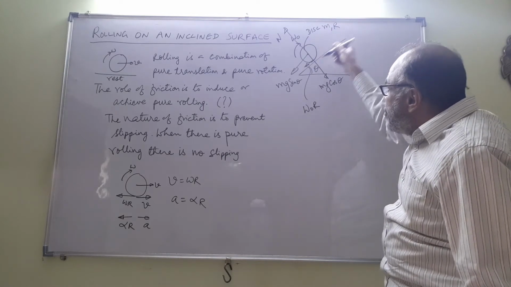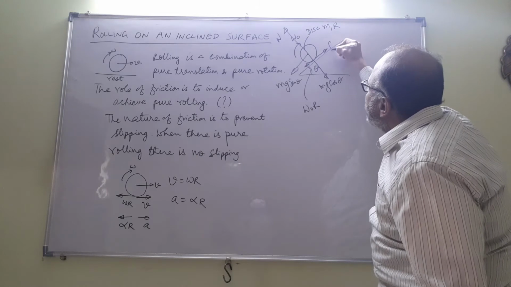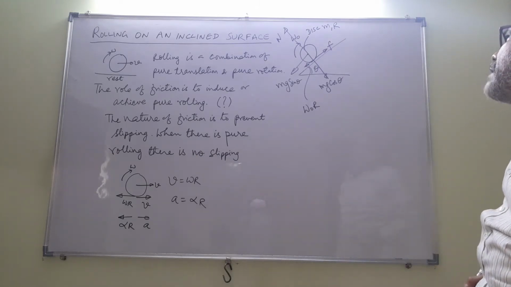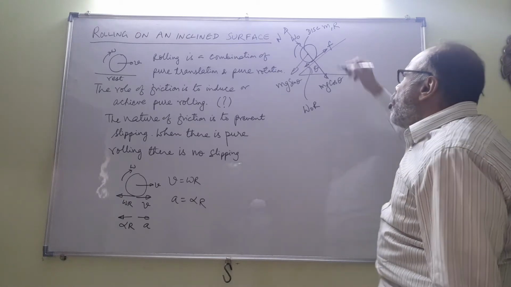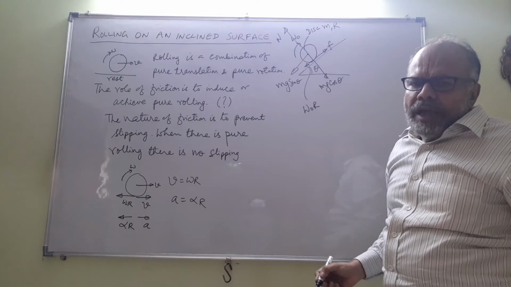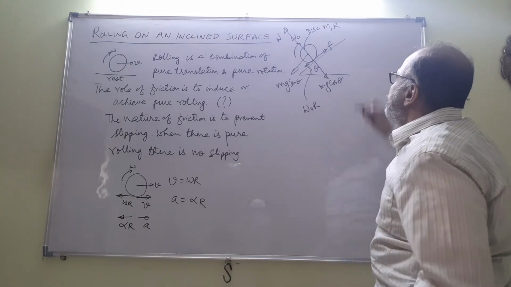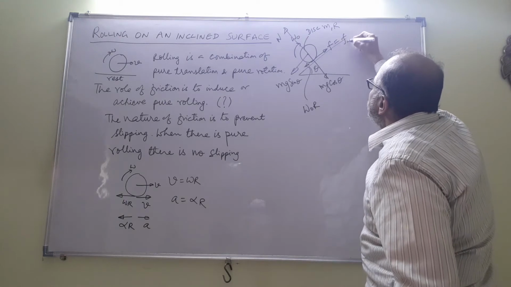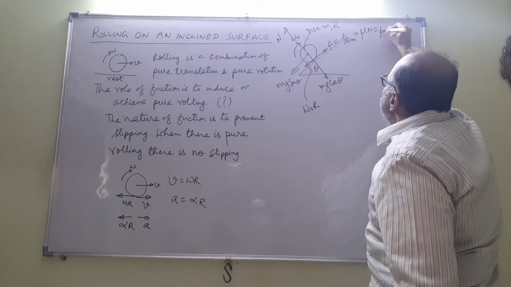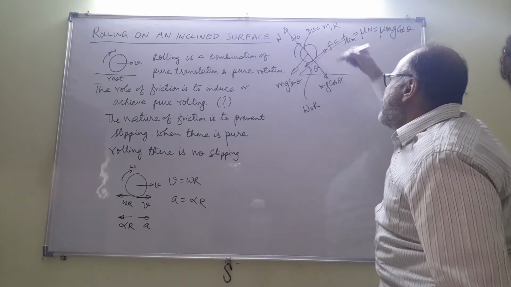So there is a slip in the downward direction. Therefore friction would act in the upward direction to prevent the slip. Now because there is slipping, we can say friction attains its maximum possible value. So F will be equal to F limiting. F limiting is mu N, that is mu mg cos theta, because N is mg cos theta.